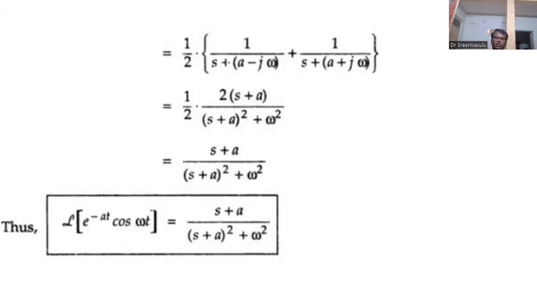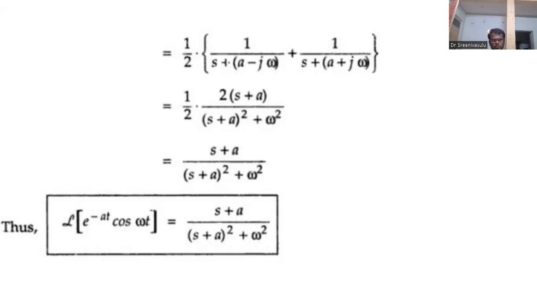Simply, by using the properties also we can see, I will give the idea. What is the Laplace transform of cos omega t? If you have not done it so far, you can calculate it again. The Laplace transform of cos omega t u of t is S by S square plus omega square.